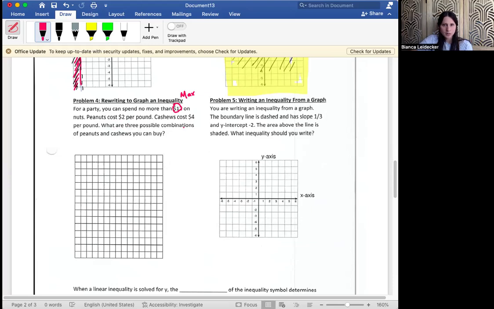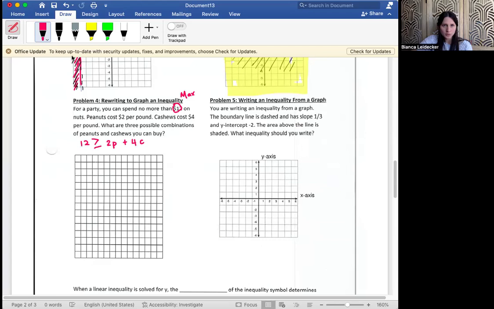What are 3 possible combinations of peanuts and cashews you can buy? So I know that if I'm translating this, 12 is the maximum, meaning I could spend $12, but not more. And I could spend $2 per pound for peanuts, and I could spend $4 per pound for cashews. So P for peanuts, C for cashews.